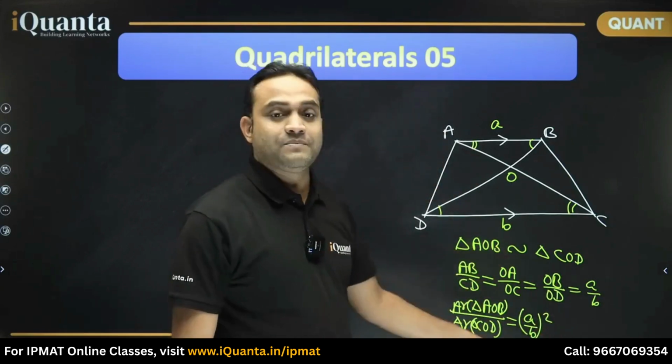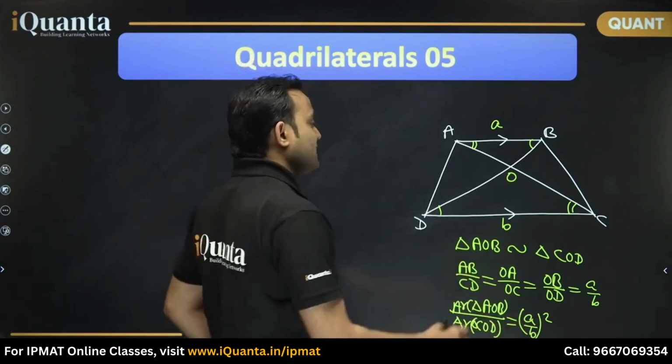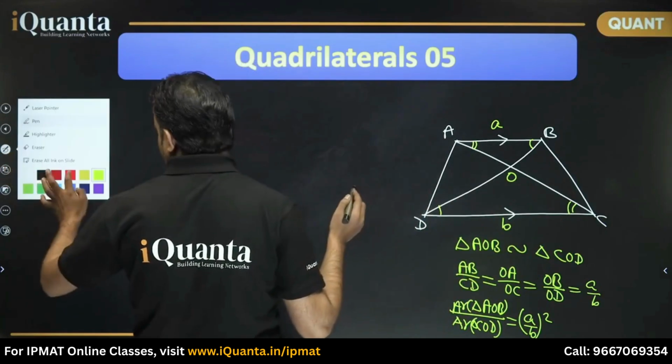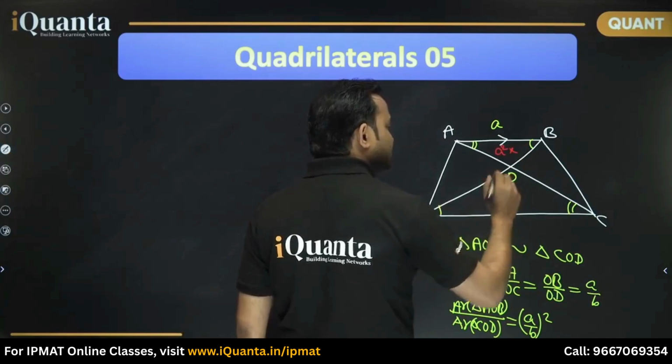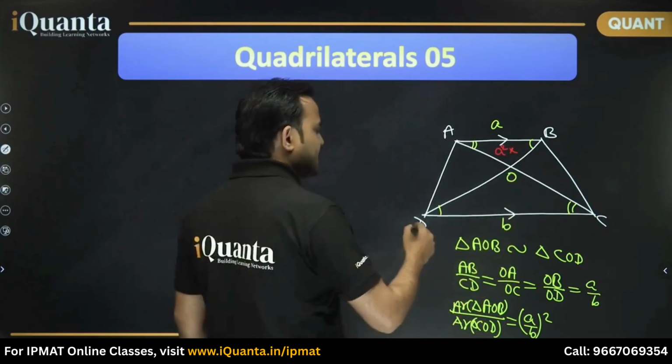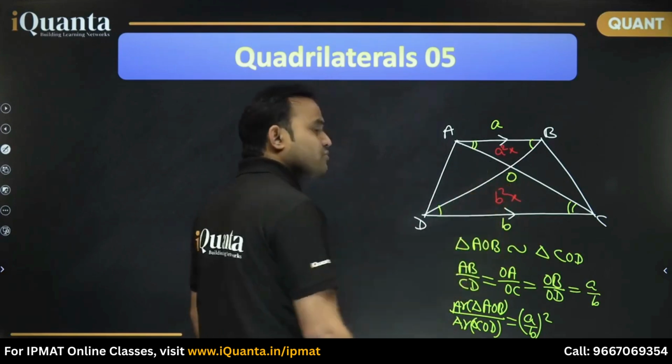So it will be A by B whole square. Okay. Now think about this. If I say that the area of this triangle is A square X, X is some constant, then the area of triangle COD will be B square X. The ratio is A square upon B square.